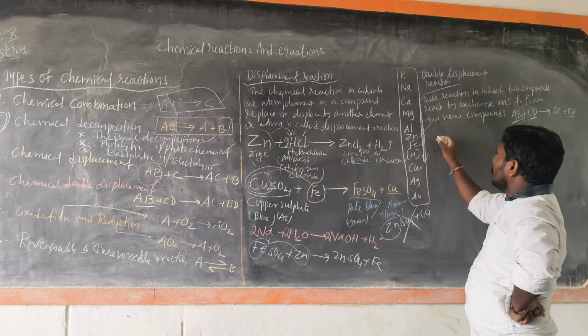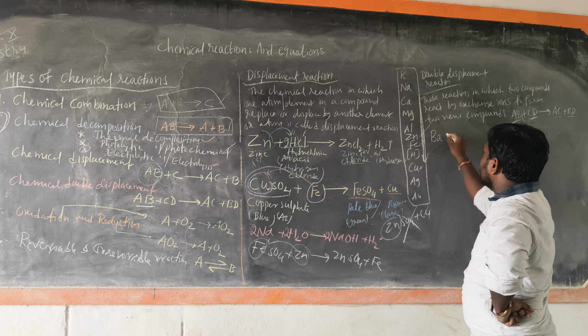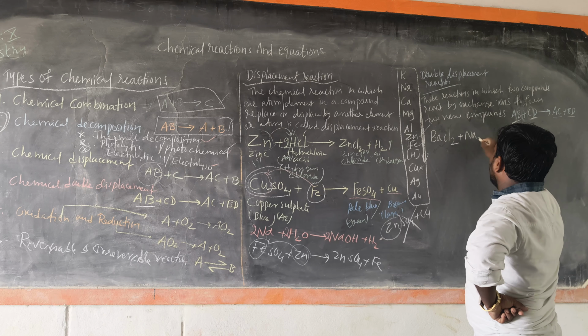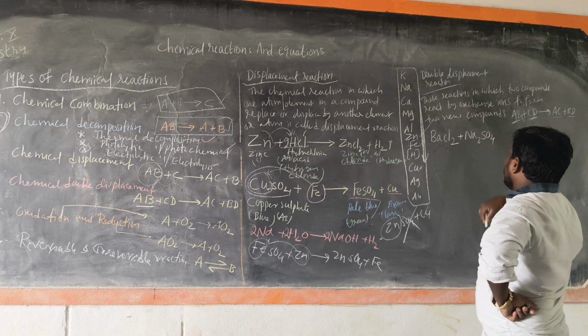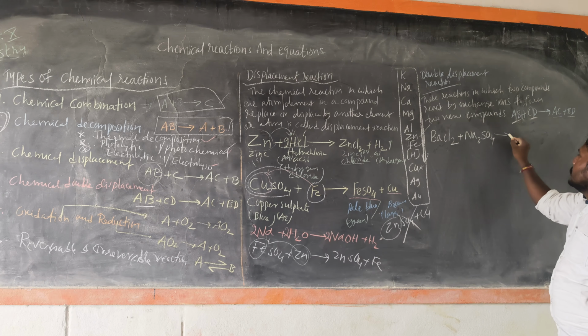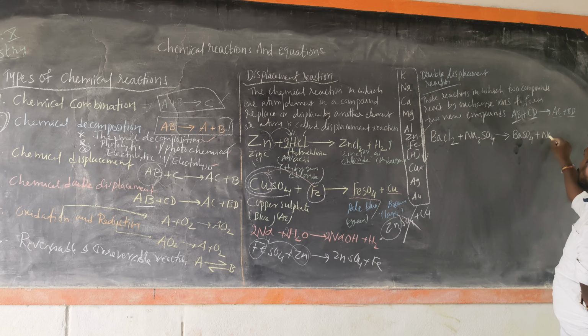For example, barium chloride plus sodium sulfate. Combined together, they form barium sulfate plus sodium chloride.